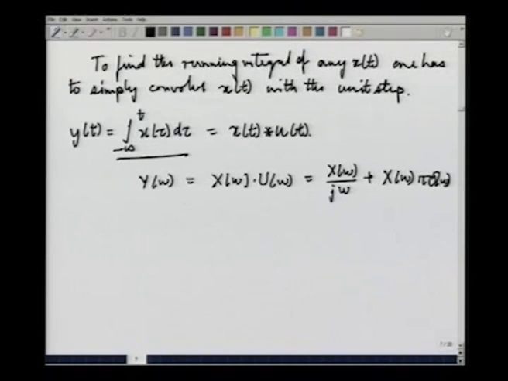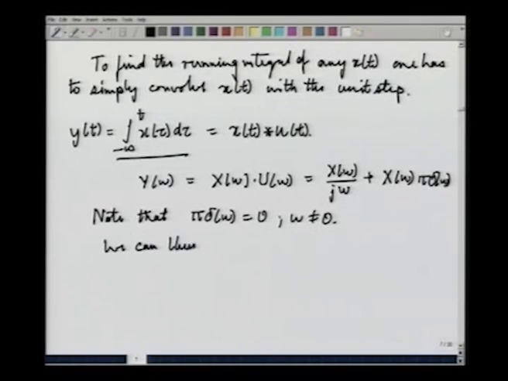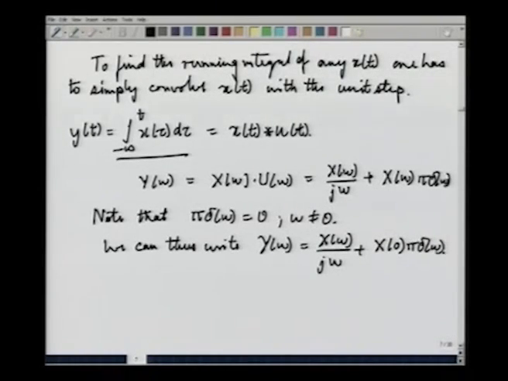This is what you get. But note that pi delta omega is always 0 except at omega equal to 0. So, we can simplify this.